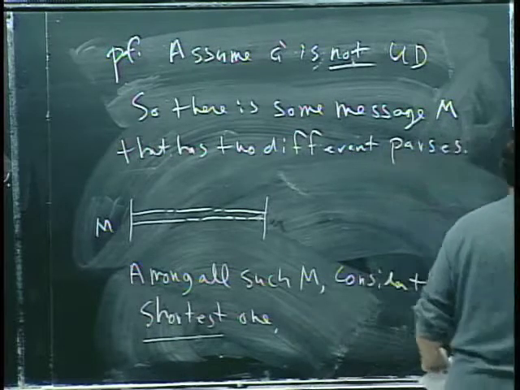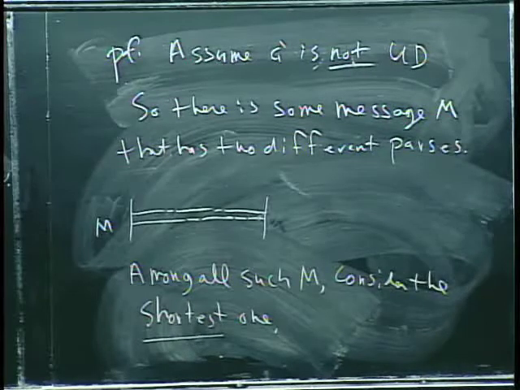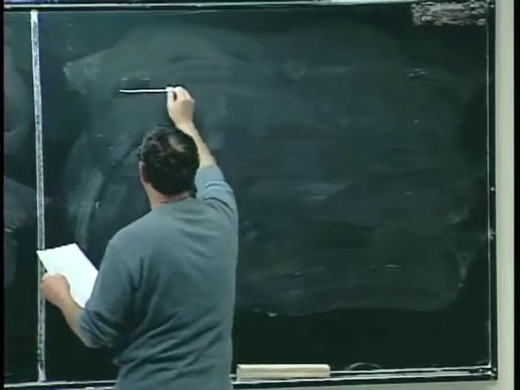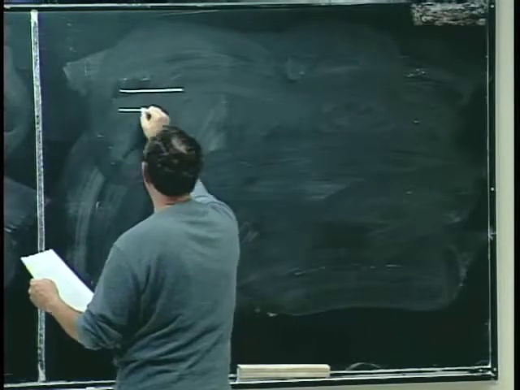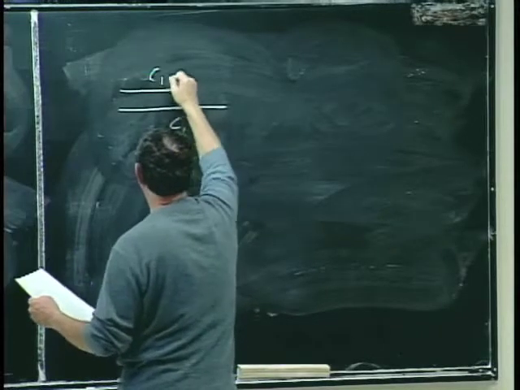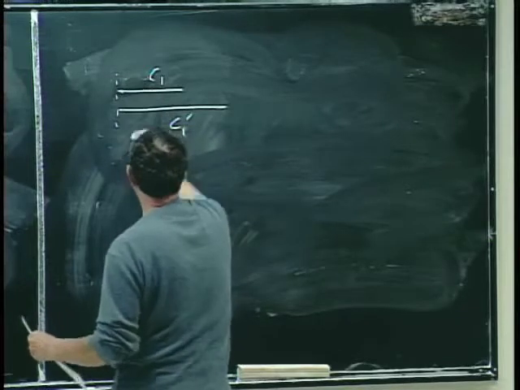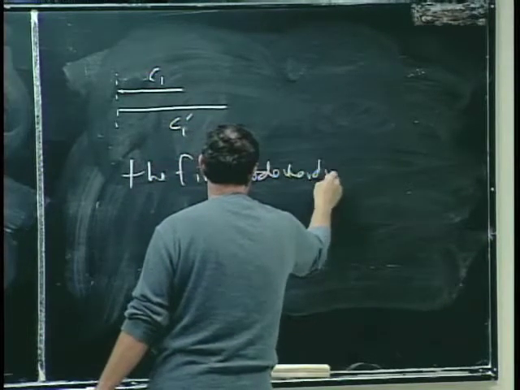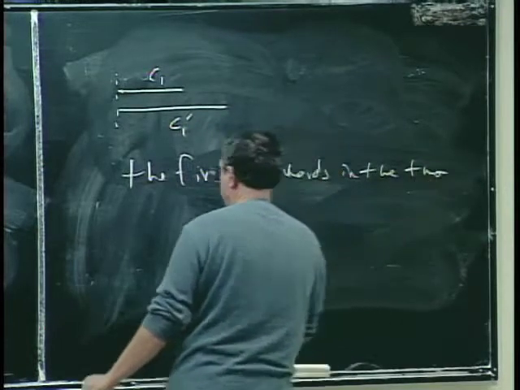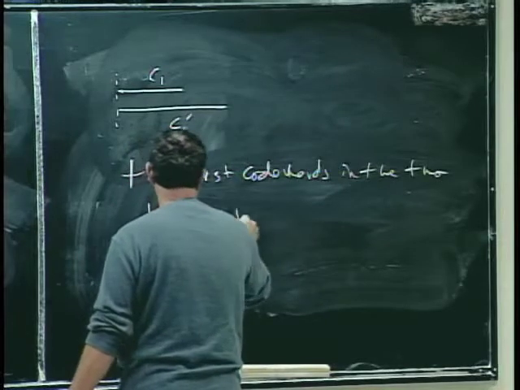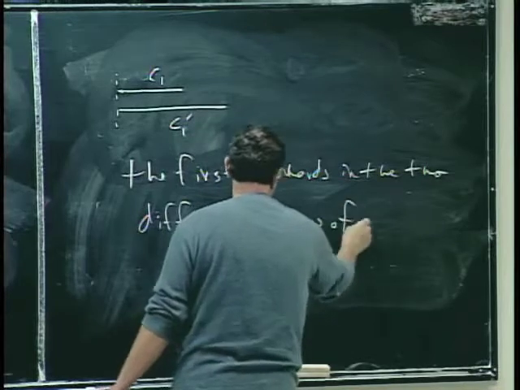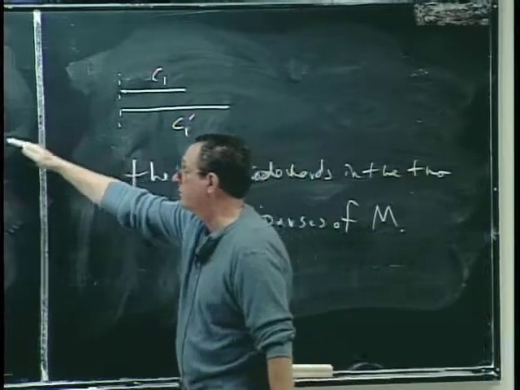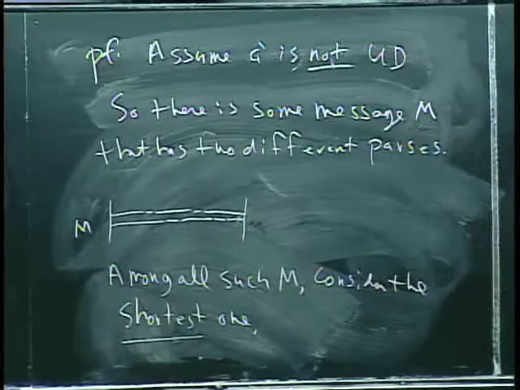Then in this proof, we're going to let C1 and C1 prime be the first code words in the two different parses of M. So in this proof, we're assuming there's a counterexample, an example that shows that the code is not uniquely decipherable.